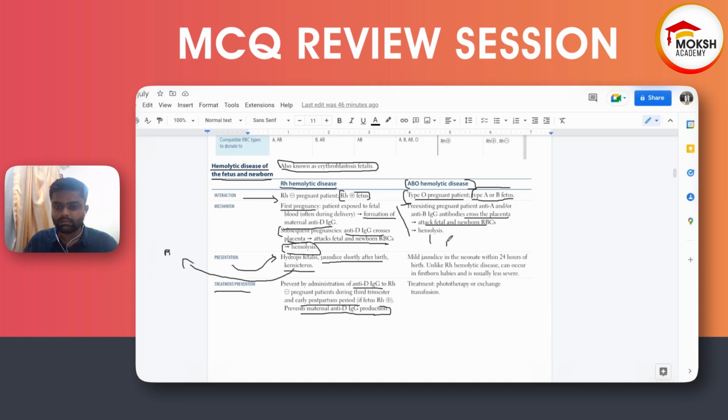This is mild hemolysis and causes mild jaundice in the neonate within 24 hours of birth. We treat them with phototherapy, or we can give exchange transfusion.